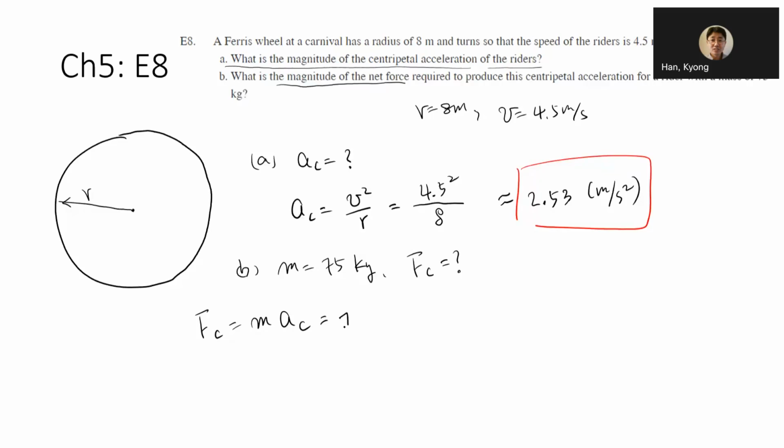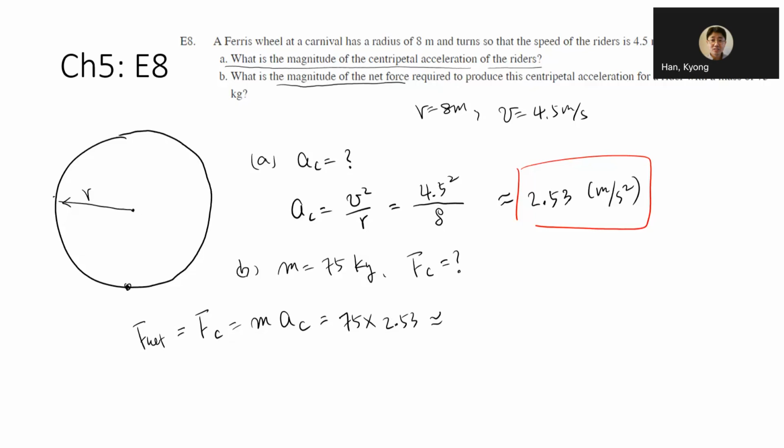Mass is 75 times the centripetal acceleration we found, 2.53. This is the centripetal force, and it is exactly the same as the net force, because the only thing acting on the object is this net force, and it is the centripetal force because the object is rotating.